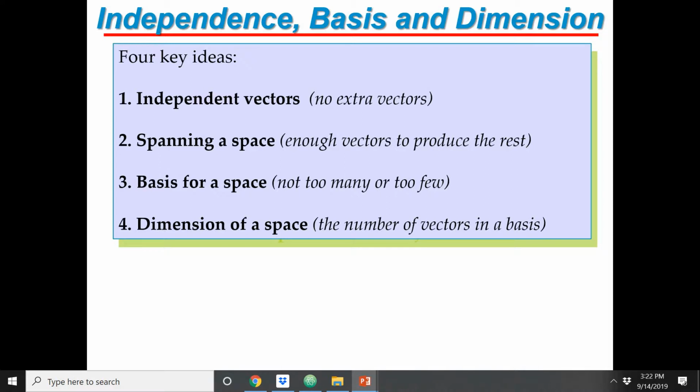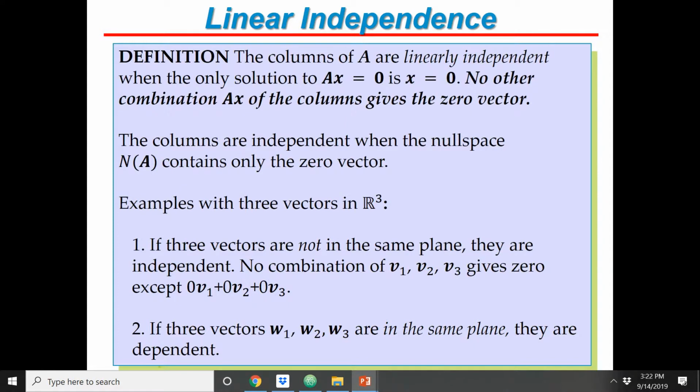So we have already affiliated independent columns with matrices A that have as the only solution to the null space problem the solution x equal to 0. This is in many ways a nice test to investigate the independence of vectors.